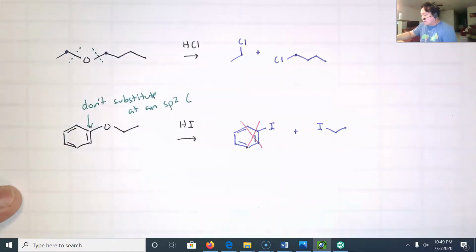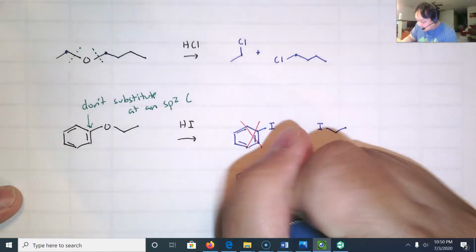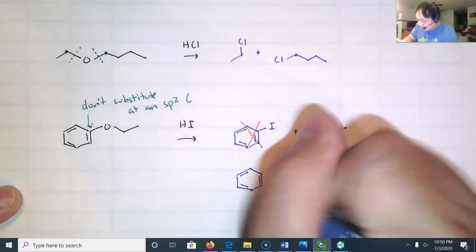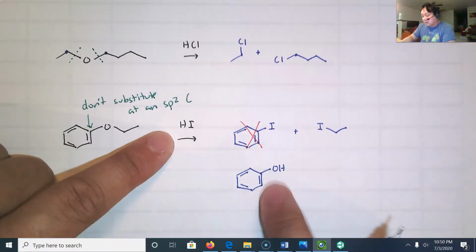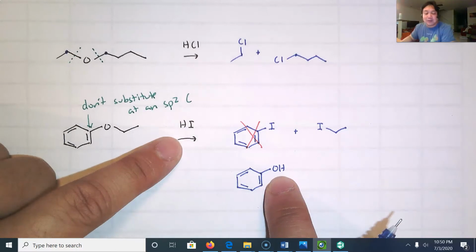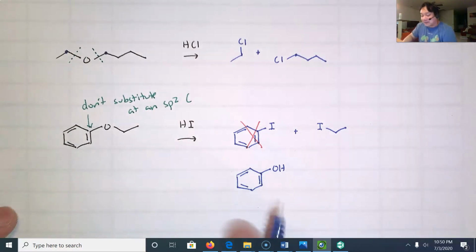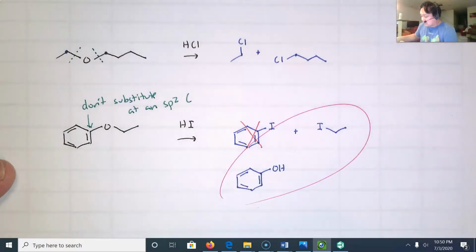If that is the case, what do we have left over? We have the alcohol that, when you react with HI, you don't substitute here. You can make this into a protonated OH, but it's still not a good leaving group when it's off an sp2 carbon. So just beware of that. Your two products here are these two.